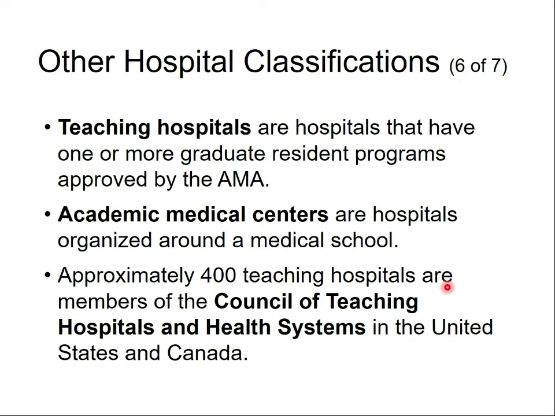So there would be teaching faculty, medical students, and residents in that community serving that population. And there are about 400 teaching hospitals that are members of the Council of Teaching Hospital and Healthcare System in the United States and Canada.